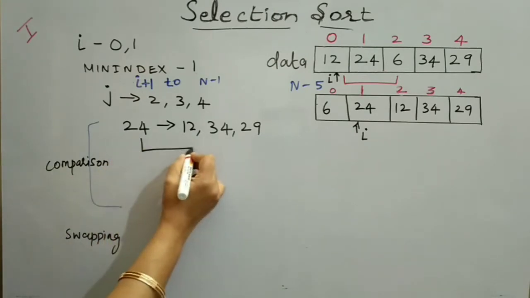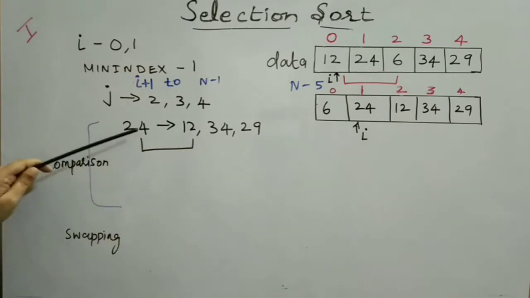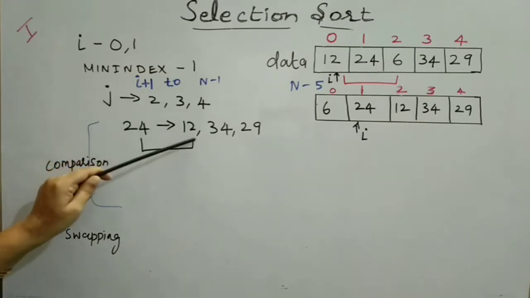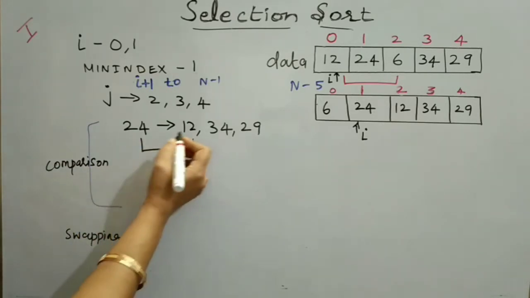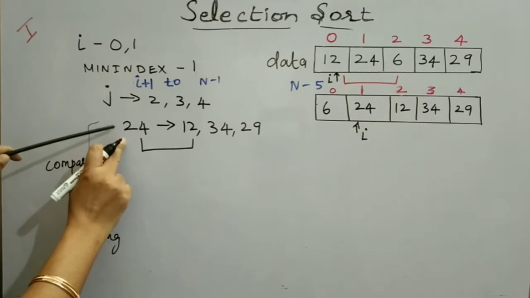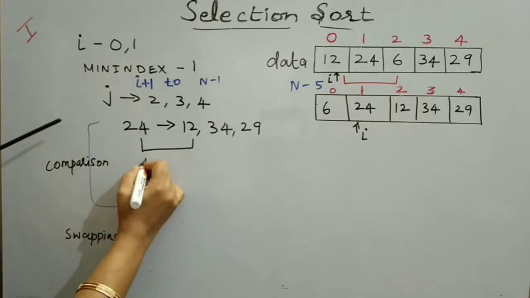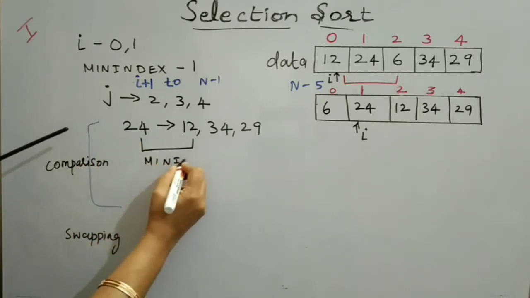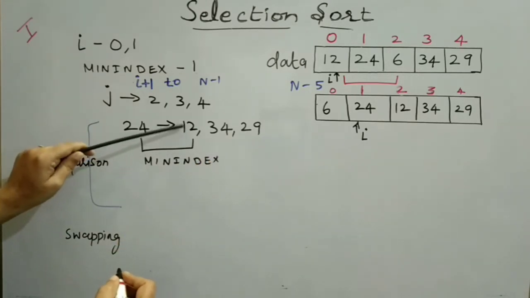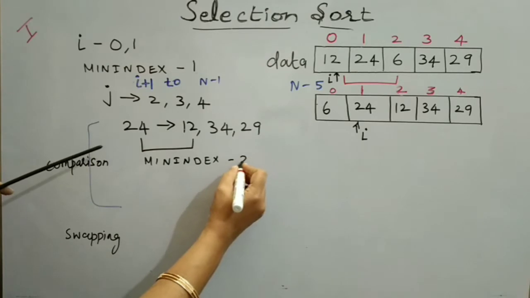So apply the comparison procedure. Compare the element in the minimum index position with the first element. Now 12 is the smallest element among the comparison. If the element in the jth position is smaller than the element in the minimum index, I need to update the minimum index. Now the minimum index takes the index position of 12, that is 2.